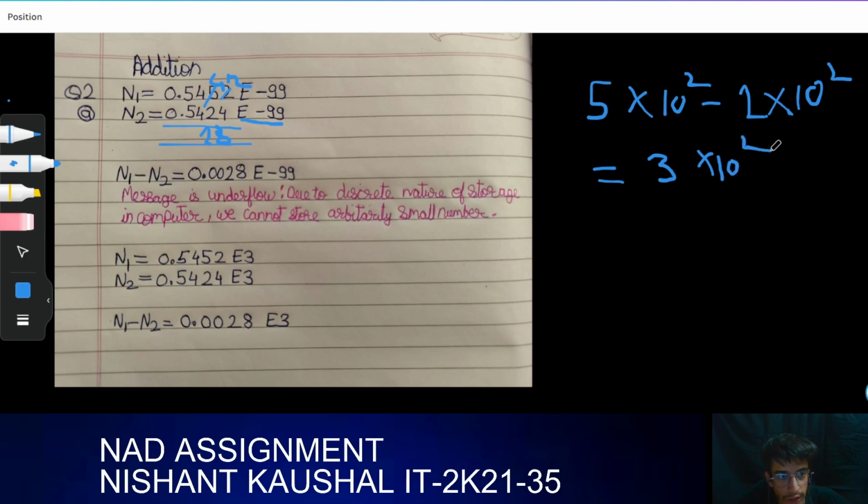You can cross check it by doing 500 minus 200, which will be 300. See, this is the same thing.